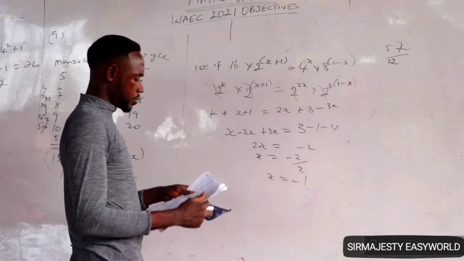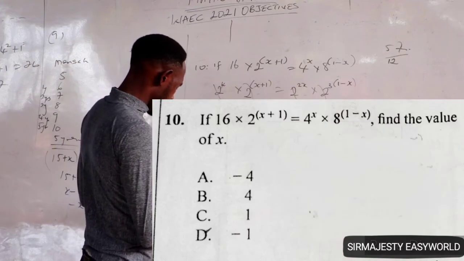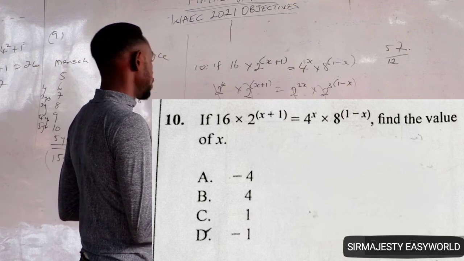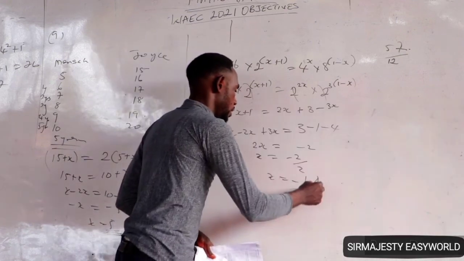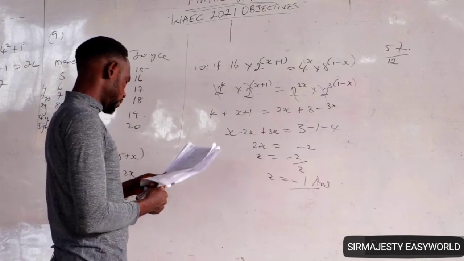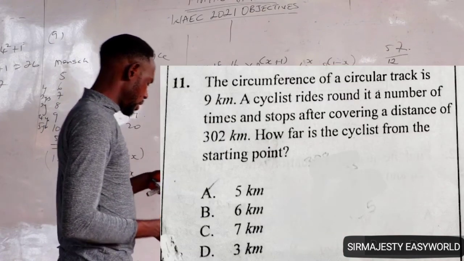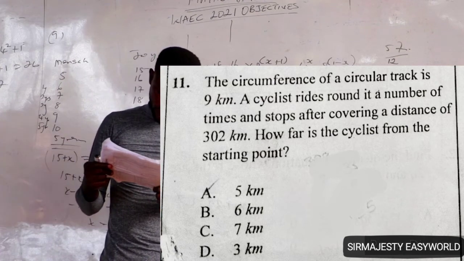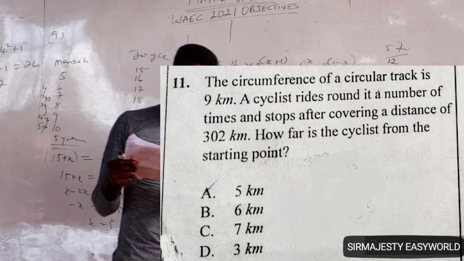Do we have anything like minus 1 in the options? We are solving the question. Oh yeah, that's option D. That's the answer.